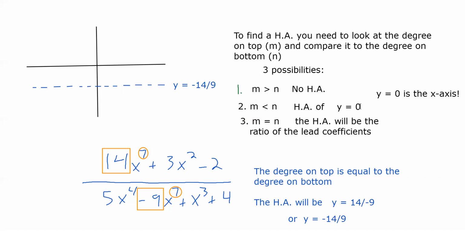But this last one, why is it the ratio of the lead coefficients when the degrees are equal on top and bottom? That is something that we would simply have to prove using a little bit of calculus. We'd have to use limit theory if you really want to see why.